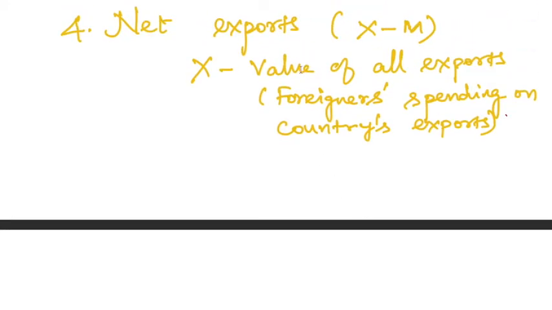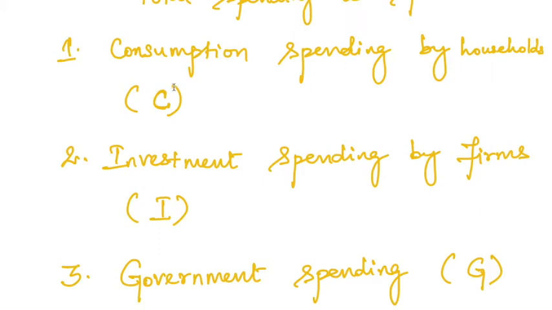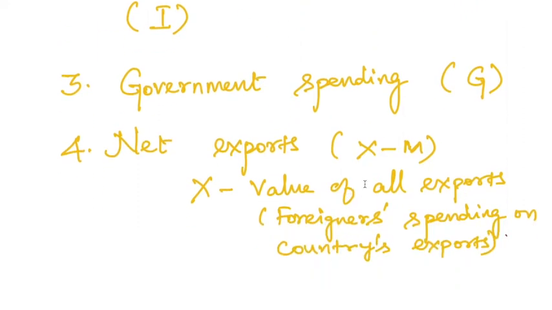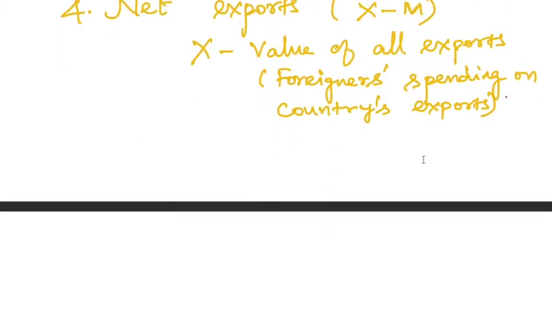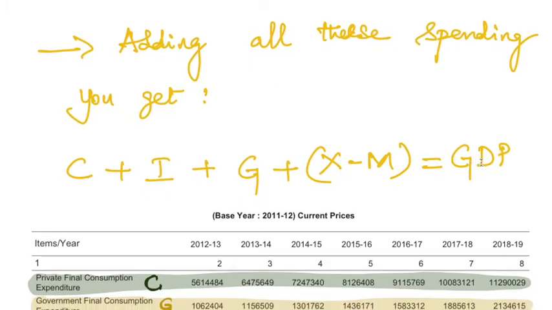Now, if you take the difference, that is net exports. So if you add all these things, C, which is consumption spending, I, which is investment spending, G, which is government spending, and net exports, what you get is the country's GDP.